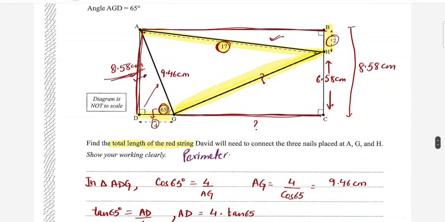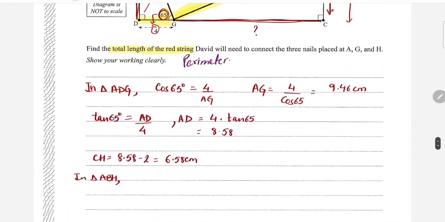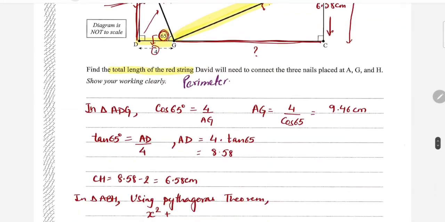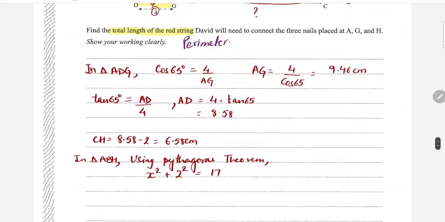In triangle ABH, we have 17, we have 2, and we need to find this. We can use Pythagoras there because we have 2 sides and a 90-degree angle. So let this whole side be x. They haven't used x anywhere. So this is our hypotenuse, 17 squared is equal to, using Pythagoras theorem, x squared plus 2 squared is equal to 17 squared.